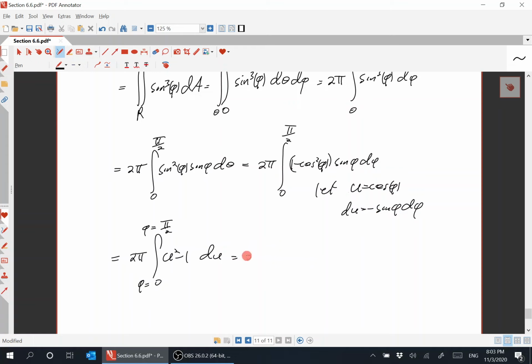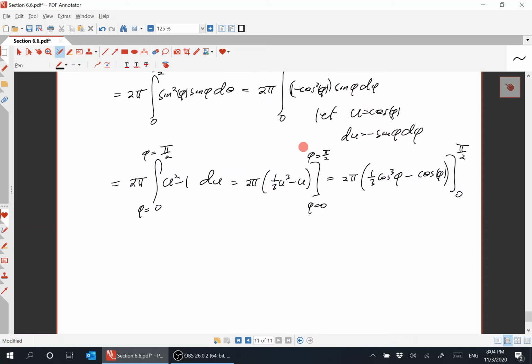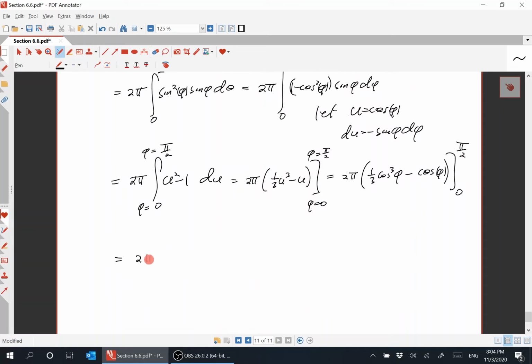So this is equal to 2 pi times 1/3 u to the third minus u, from phi equals 0 to phi equals pi over 2. Switch it back to phi. And obviously this is very much the same thing: 1/3 cosine to the third phi minus cosine phi from 0 to pi over 2, almost done, 2 pi.